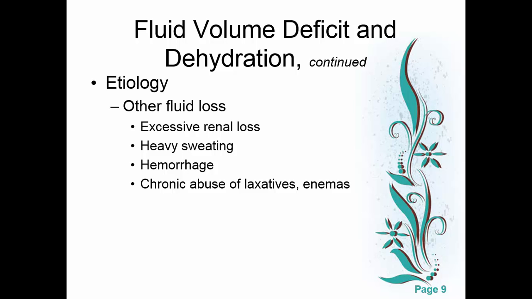Other types of fluid loss could be excessive renal losses of water and sodium from diuretic therapy, renal disorders, or endocrine disorders. It could be from heavy sweating, from excessive exercise, or increased environmental temperature. It could also be from hemorrhage or chronic abuse of laxatives and or enemas.